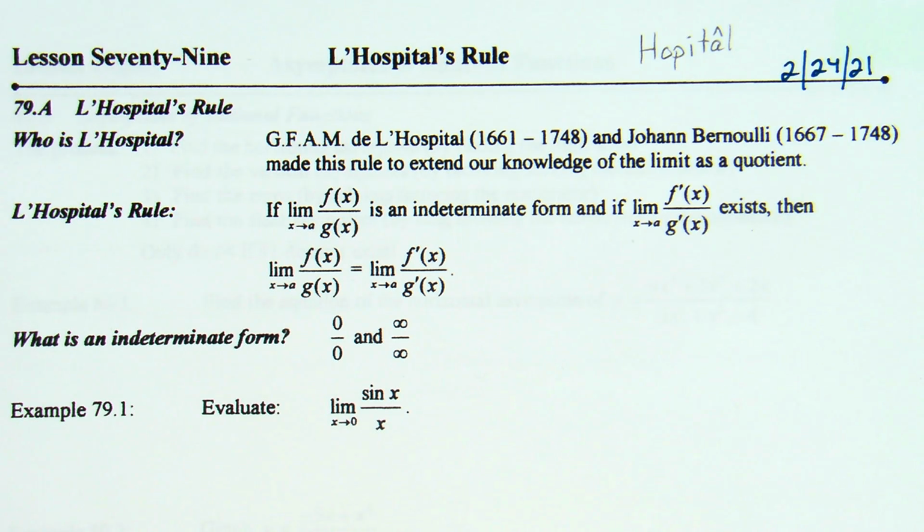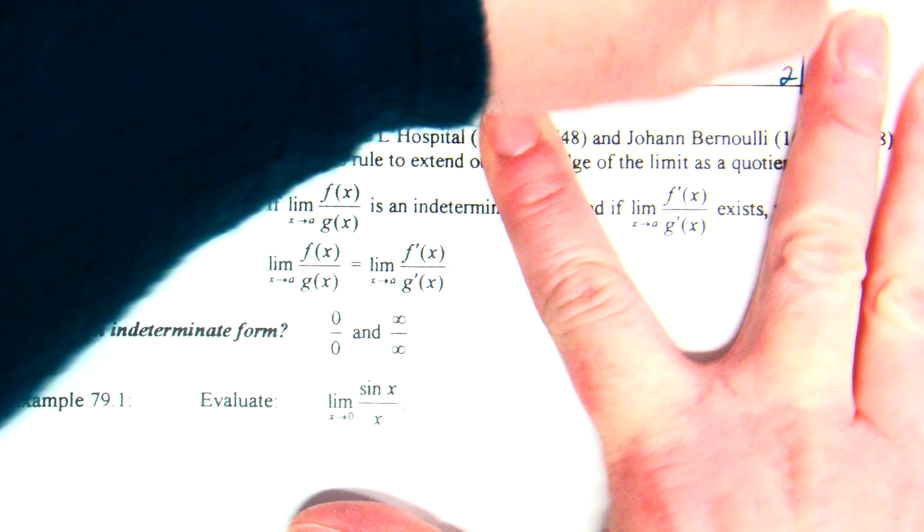I don't know what that mark is called. It's more than just an accent mark. I don't know. Okay, so actually, if you look in your book, it's supposed to be over the O. Sorry.